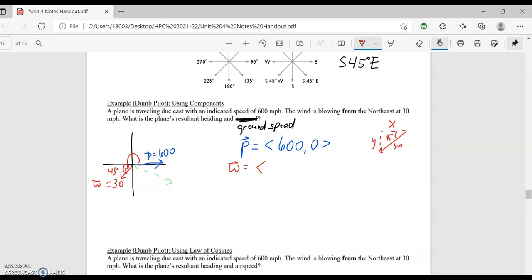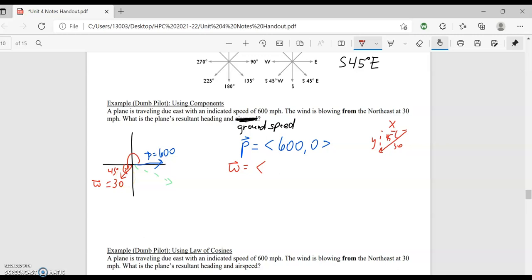So when you go back to the vector addition, like the very first part of this lesson, or this unit 4, we broke vectors into x and y components by saying the magnitude of the vector times cosine of the angle, comma, magnitude of the vector times sine of the angle. But we have to make sure that we use not 45, but again, the full angle here, which by the way is 225 because it's 180 plus 45.